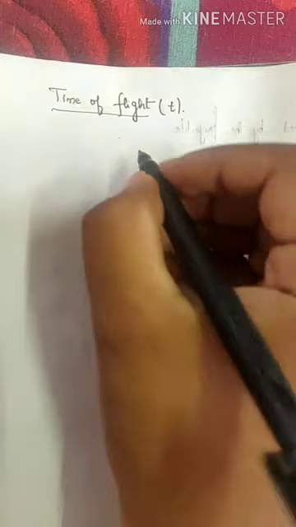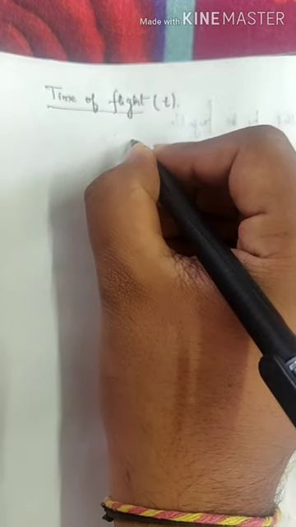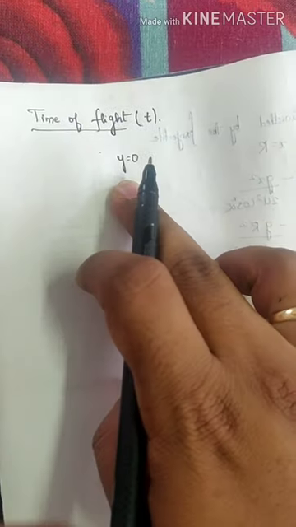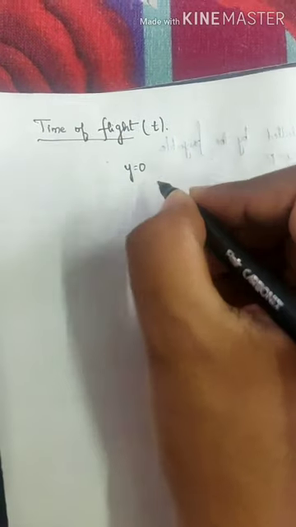So again, to calculate t, we'll substitute y is equal to 0, because t is the moment it falls on the ground, the time required to hit the ground from its projection. We have discussed the definition of time of flight. So the moment the object hits the ground, y will be equal to 0.